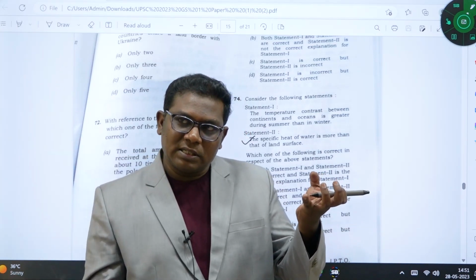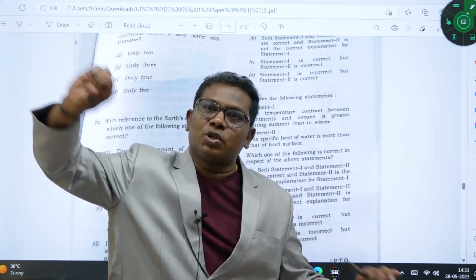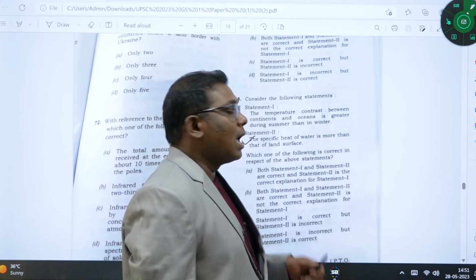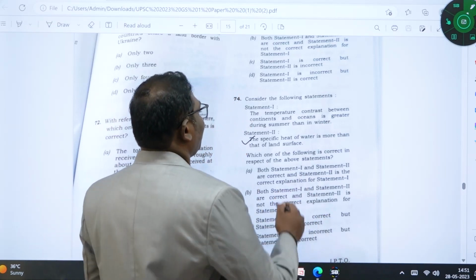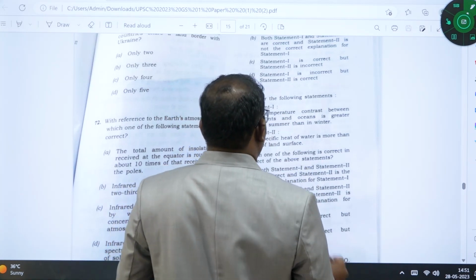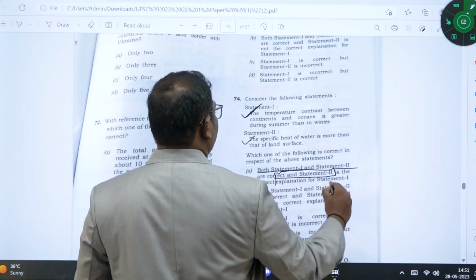That's why during the summer season, the land area has more temperature and water has less temperature. That's why there is a huge contrast in temperature between the continental area and the water body. That's why statement 1 is also the right statement. Both statements 1 and 2 are correct, and statement 2 is the right explanation of statement 1.